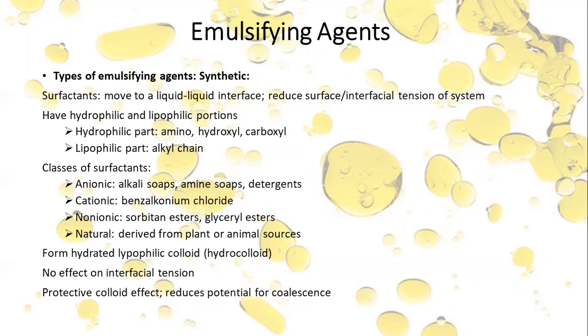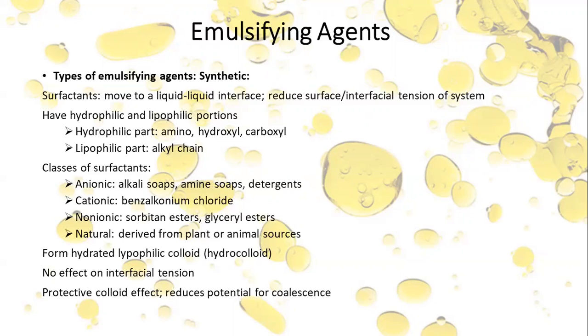Natural ones come from two sources: vegetable sources and animal sources. From vegetable sources, the examples are gum acacia, tragacanth, agar, pectin, starch, Irish moss, and from animal sources, wool fat, egg yolk, gelatin.